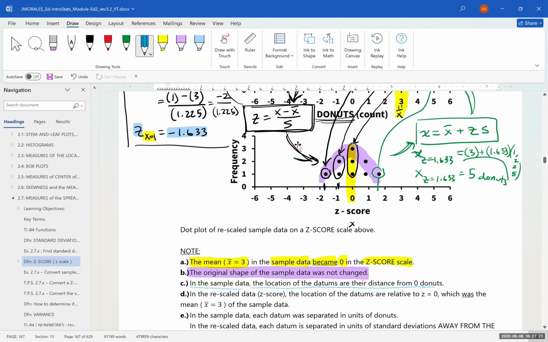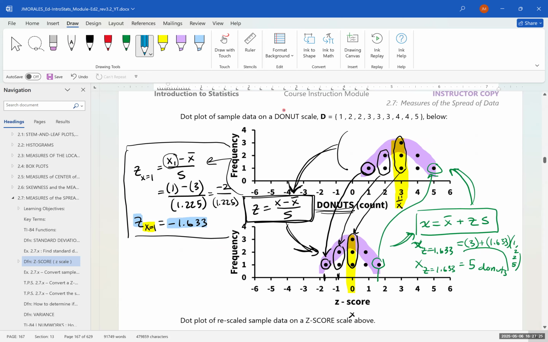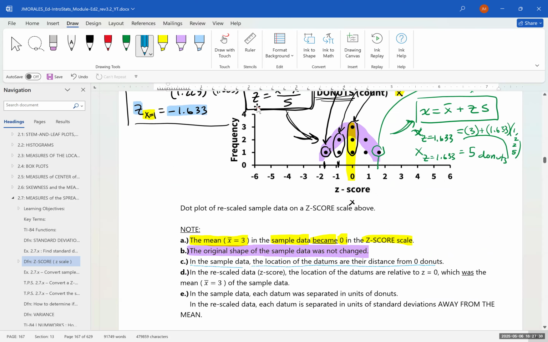So what I mean is you start from having 0 donuts and we went up to 1 donut, 2 donuts, 3 donuts, 4 and 5. So this is where 0 was located. In the rescaled data, when we put it on a z-scale, the location of the datums are relative to z equals 0.